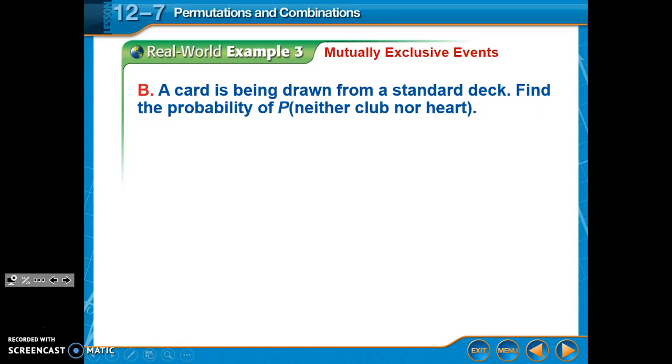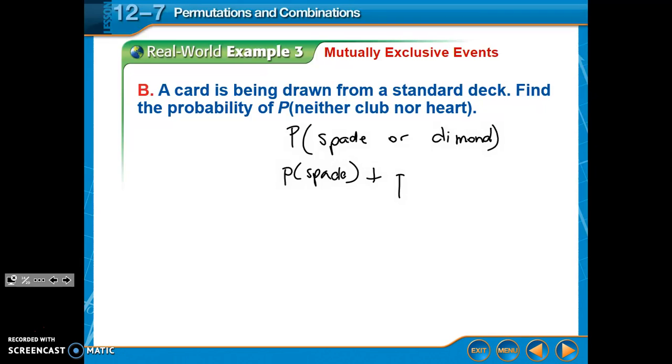A card is being drawn from a standard deck. Find the probability of picking neither a club nor a heart. Okay, so that means if it's not a club or a heart, that's going to be the same thing as the probability of being a spade or a diamond. So the probability of a spade, whenever we have that or, is when we're doing plus, or the probability of a diamond.